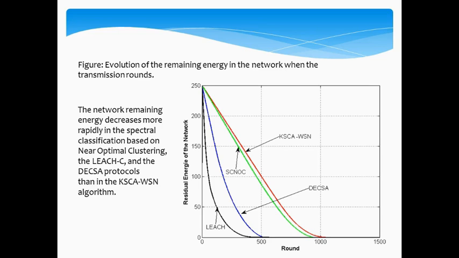So our algorithm KSCA-WSN performs much better because here the network remaining energy decreases only slightly, or residually, as compared to the 3 other protocols or algorithms, where the remaining energy decreases much more sharply or rapidly.